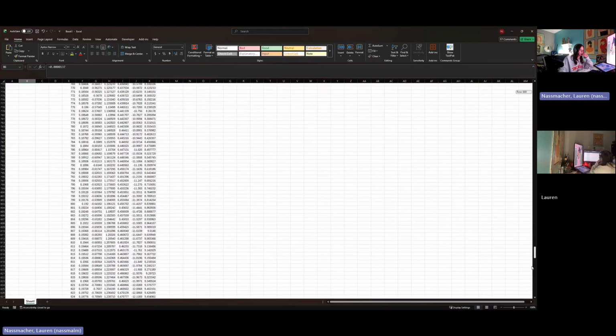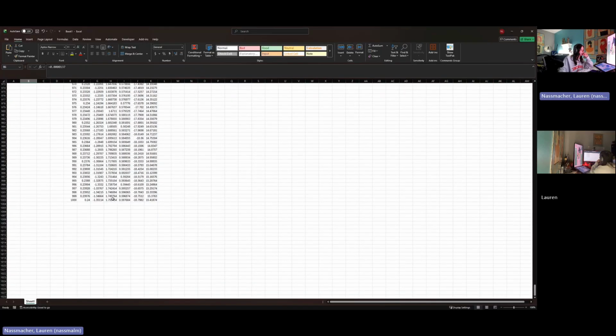to 1,000, you'll see that the mole fractions for our component 1 and our component 2 are not equal to 0, and that's what we're looking for. We're looking for a value that's equal to 0, and we're looking for our third component to be equal to 1.